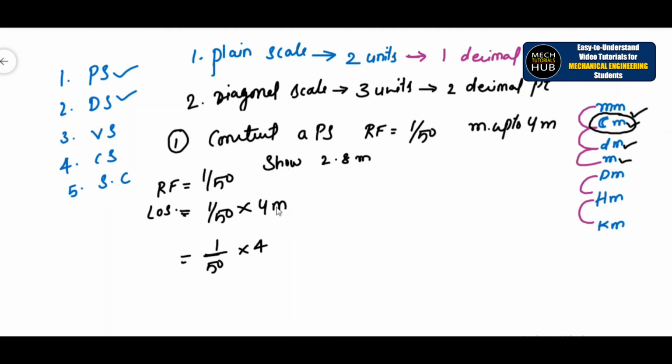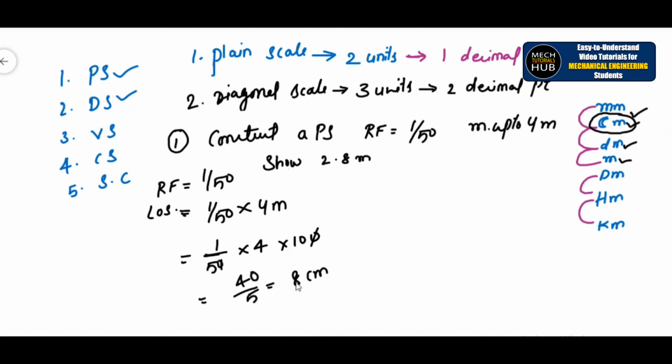To convert meters into centimeters, we take 2 zeros, 100 multiplied by 100. So I calculate this: it becomes 40 by 5, that becomes 8 centimeters. Now the length of the scale is 80 centimeters. We know the RF value and the length of the scale.